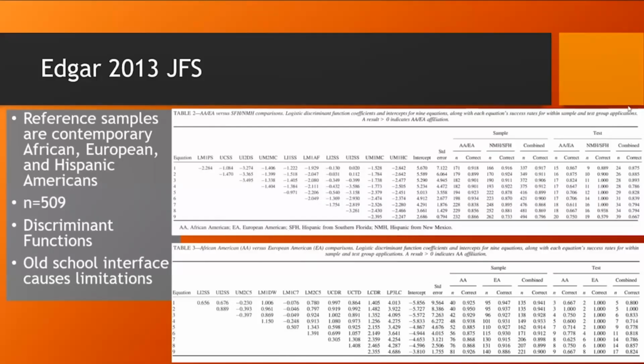Then if the individual seems to be African American or European American, you do a second equation to determine if they are African American or European American. There are associated error estimates, and all of those kinds of things are present. The primary limitation, again, is the fact that this is a published and inflexible form. Becca?